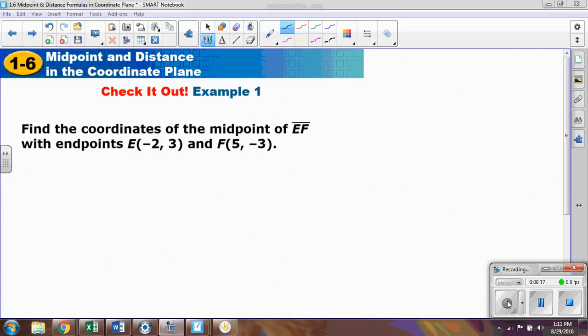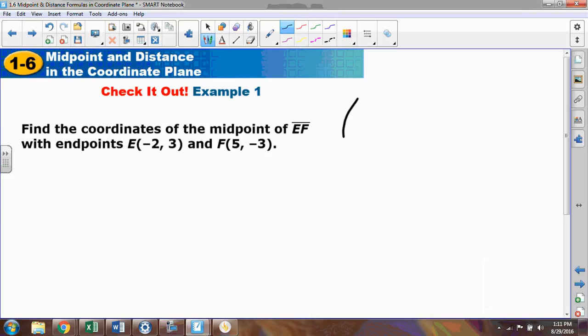All right, so this is one that we mentioned that for many students, drawing the picture is helpful, but it's not necessary, so I'm not going to do the picture here. We're noting that the midpoint formula asks us to add together the x-coordinates and divide by 2. Let's do that step first. Our two x-coordinates are -2 and +5.